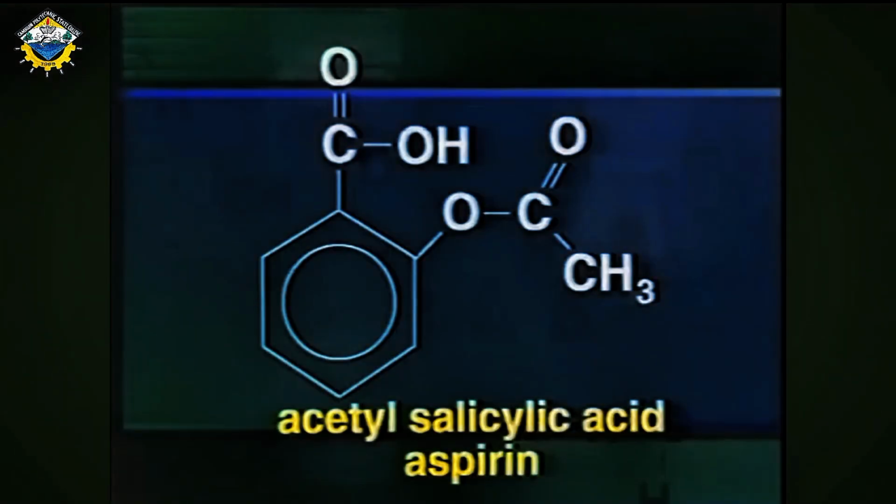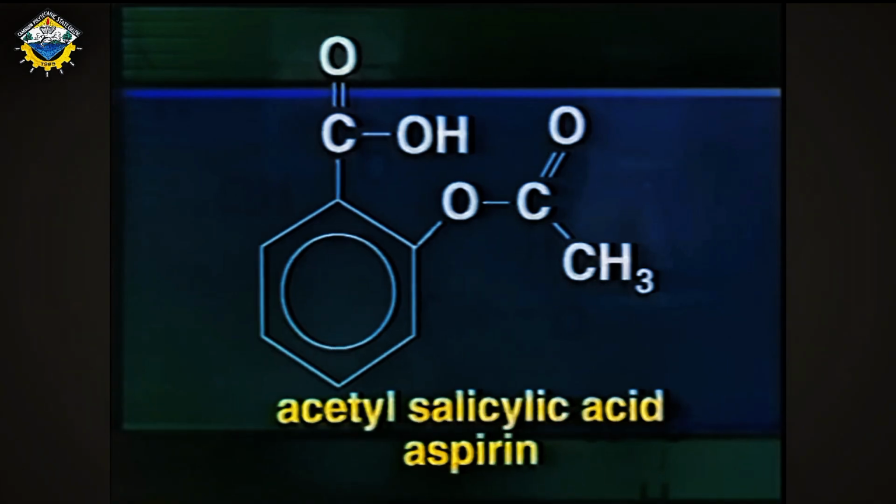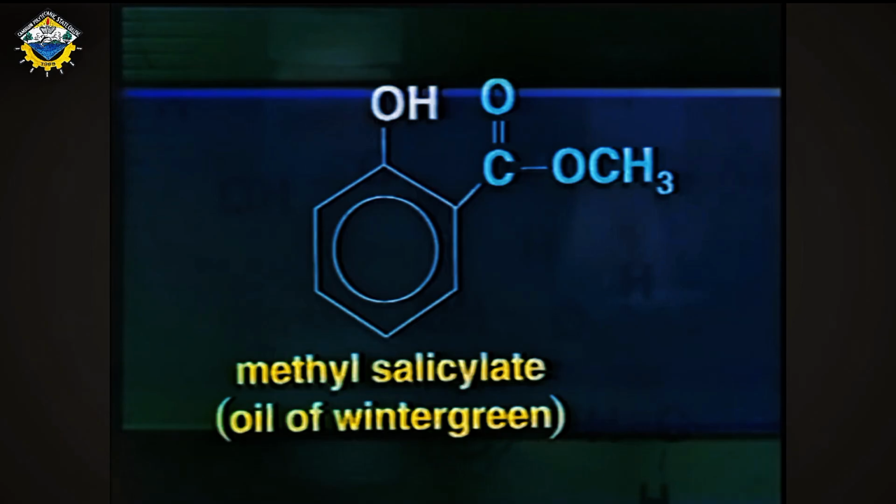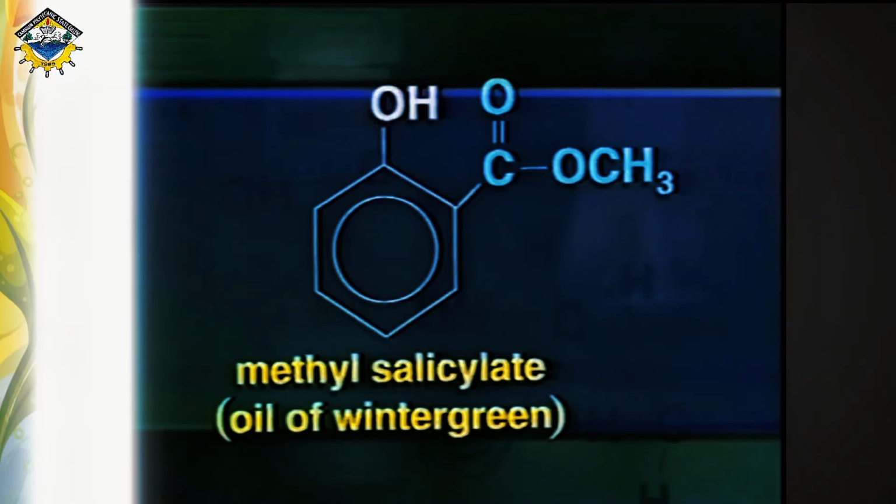In the aspirin molecule, you will recognize a carboxylic acid group as well as the ester linkage. A related compound is acetaminophen, the active component of Tylenol. It is also used as an analgesic. And finally, oil of wintergreen is methyl salicylate.